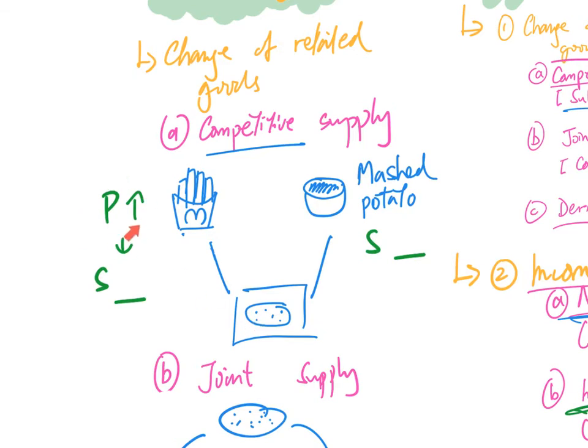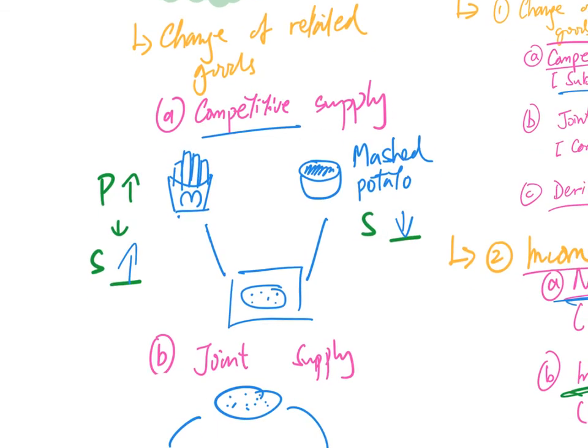When we find that the price of French fries becomes more expensive, if you are the seller, you would like to sell more because it's more profitable. However, I use the potato to make French fries, so now I have less potato to make mashed potato. So the supply of mashed potato decreases.